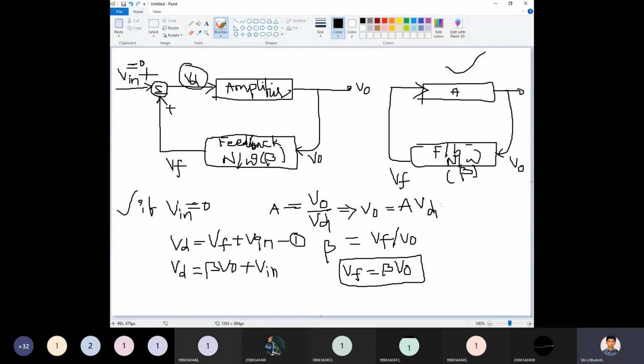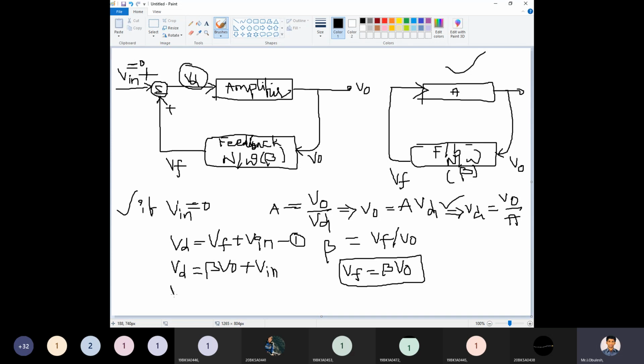I think you know that from this equation, Vd is equal to V naught by A. Now substitute V naught by A instead of Vd.